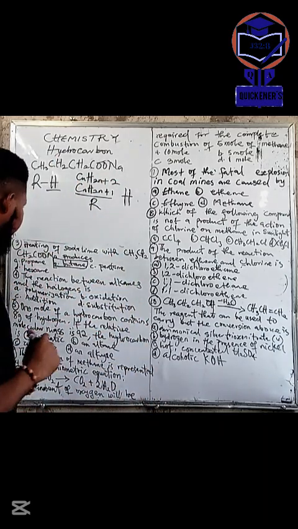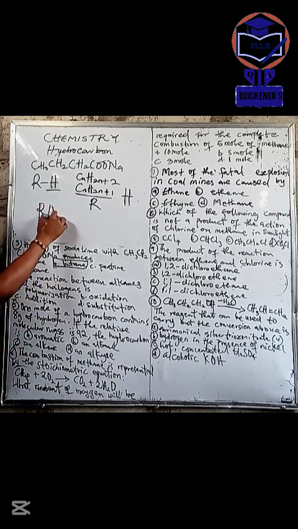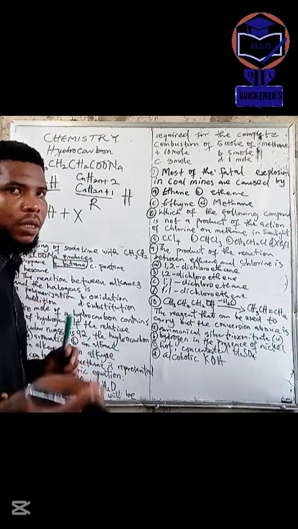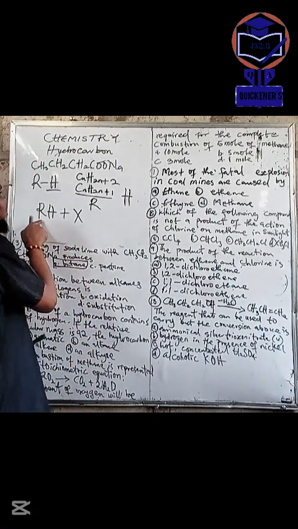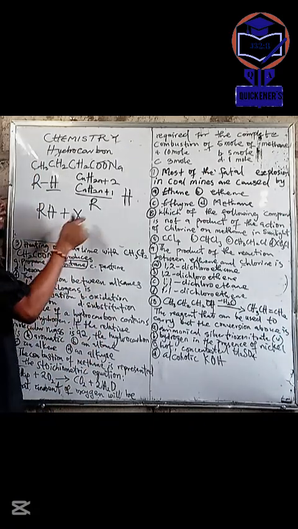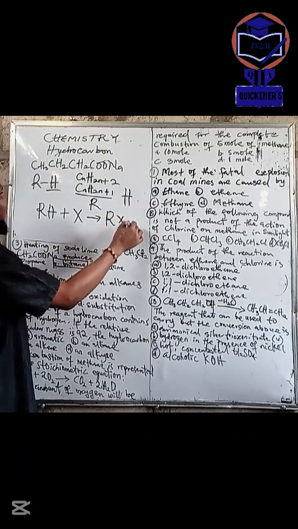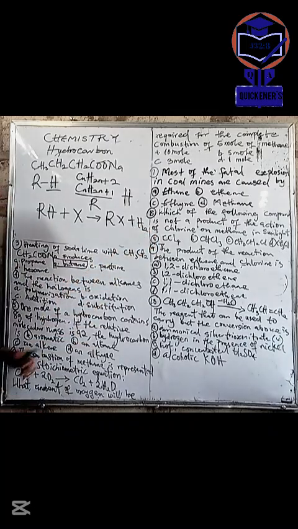So now, the reaction between alkane and halogen. When alkane reacts with halogen, X is used to represent halogen. Halogens include bromine, chlorine, and fluorine. So the reaction between alkane and halogen will lead to what? RX, and then your hydrogen gas is right there.